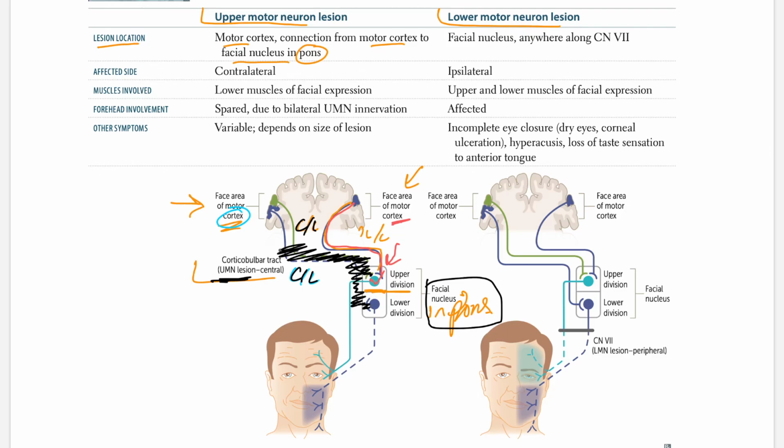But with the upper motor neuron lesion, you still have ipsilateral supply going towards the upper division, so that upper division is going to be intact. So what is the upper division supplying? Well, as the name suggests, the upper areas of the face and the eyes, right? And the lower division supplies the lower part of the face, right? So the lower division is just out.